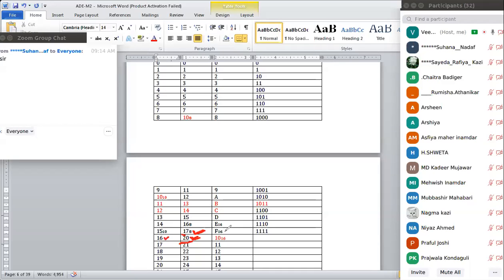And after F, now again I don't have any number in hexadecimal number system. So what I will do, I'll just combine the two digits, that is 1 and 0. So for 16 in decimal, I will get 10 in hexadecimal. And the same thing, now 4 digits have been completed. Different combinations of 4 digits, 4-bit binary numbers, have been done.